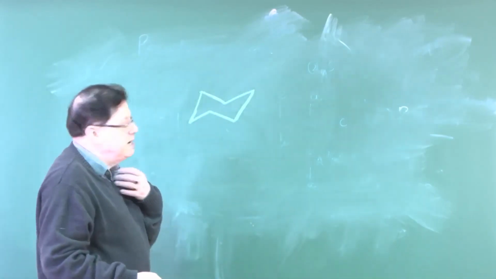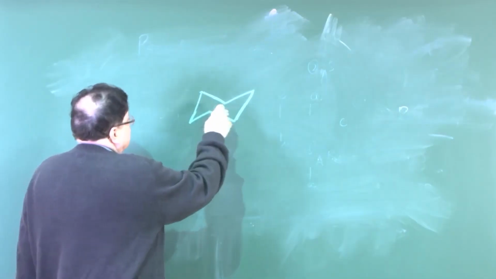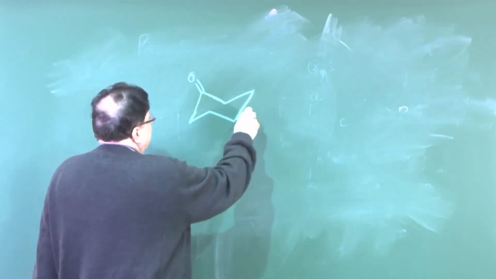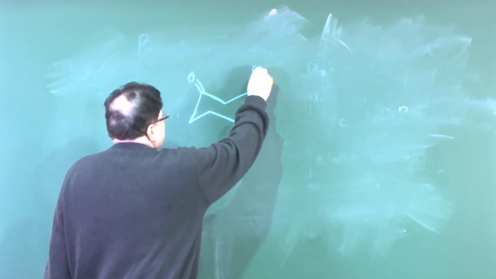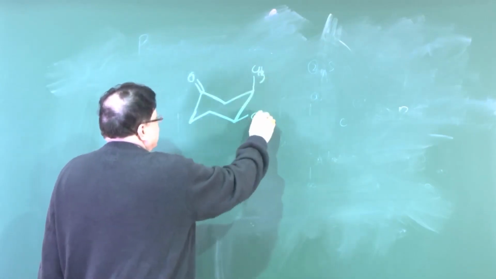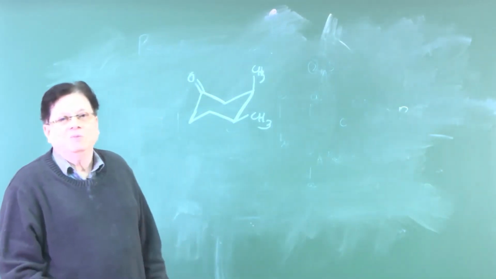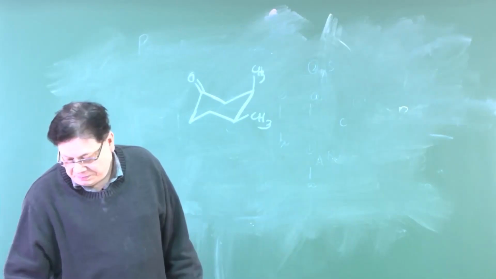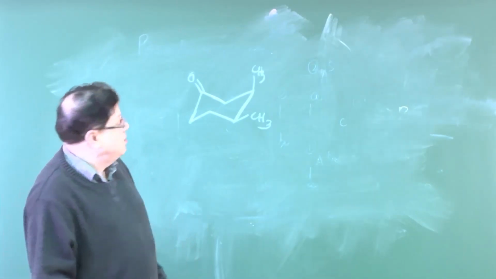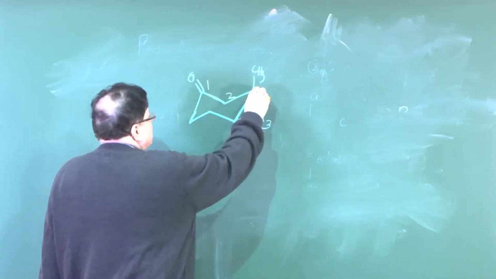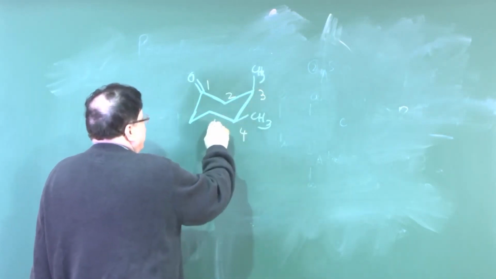I can put the cyclohexanone in this fashion, and then suppose I put a methyl here and a methyl there, and I ask you to draw the projection of this molecule. Now, how will you do it? First of all, just number it. This is 1, 2, 3, 4, 5, 6.